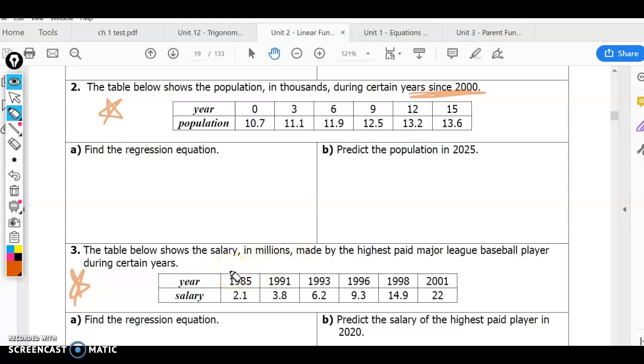I strongly recommend crossing these out and always starting years at 0. So this would be years since 1985. So 1991 would be 6 years since, 1993 would be 8 years, and so on. This is 11 years after, and then this would be 13, and then 2001 would be 16. Just a little detail that I would encourage you to remember in terms of years.